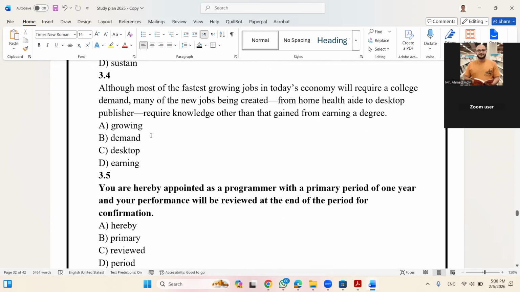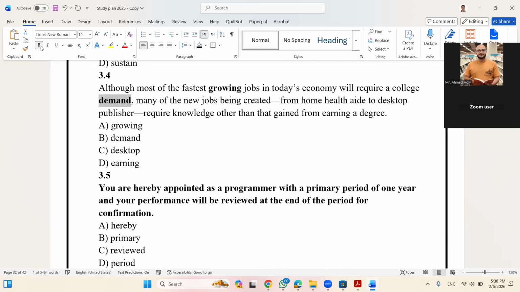Although most of the fastest growing jobs in today's economy will require a college demand, many of the new jobs being created, from home health aide to desktop publisher, require knowledge other than gained from earning a degree.